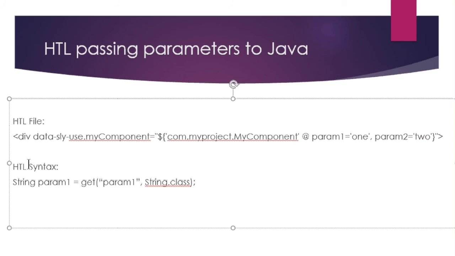And then on the Java side, on the data provider side, the way you would pull those values is by doing something like String param1 = get param1, String class. The important part being that this param1 matches this guy up here.